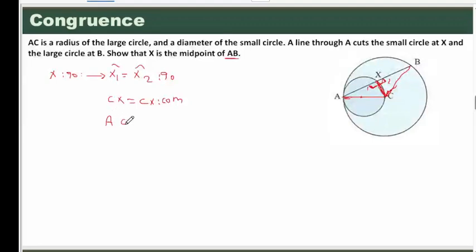AC equals CB, the radius of the larger circle. So I could prove with two corresponding sides.